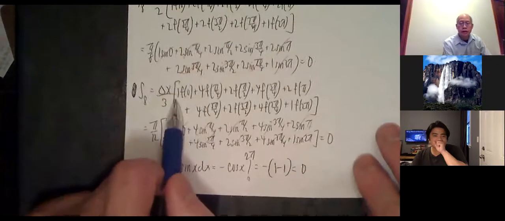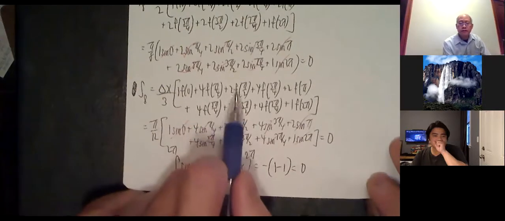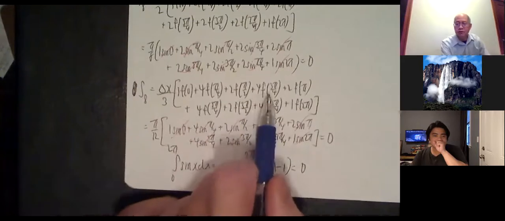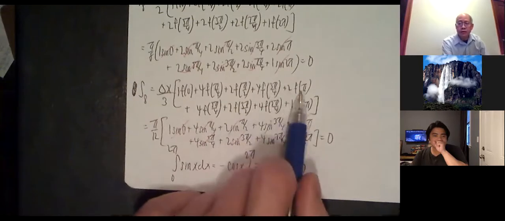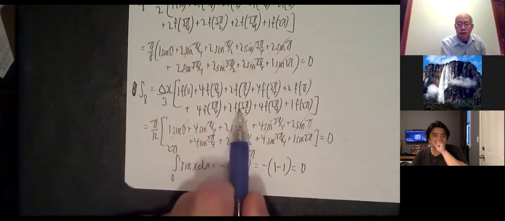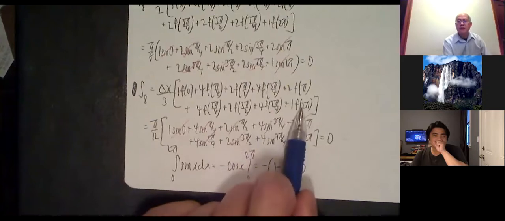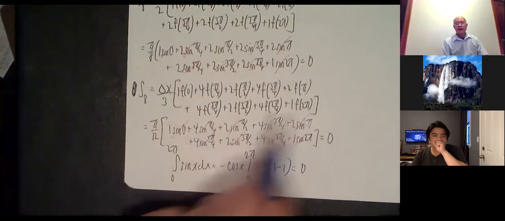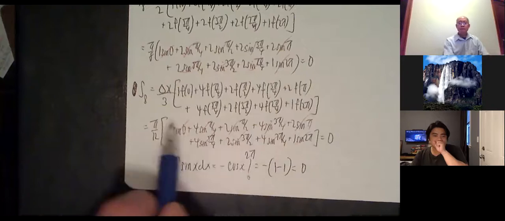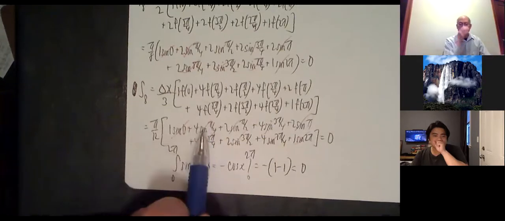So here we are. f of 0, 4 times f of pi over 4, 2 times f of pi over 2, 4 times f of 3 pi over 4, 2 times f of pi, 4 times f of 5 pi over 4, 2 times f of 3 pi over 2, 4 times f of 7 pi over 4, 1 times f of 2 pi. Well, basically the same thing happens. So it's 1 times sine of 0. This is a sine function, right?